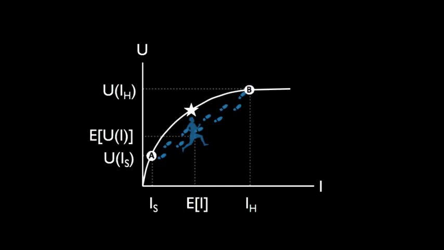In other words, if you gave the person the intermediate level of income that was the weighted average of their two possible alternatives, then getting that intermediate level of income would make them that happy, or would give them that many units of utility.